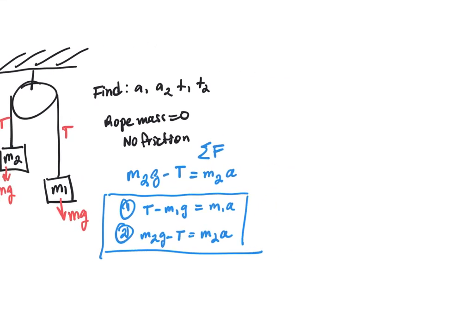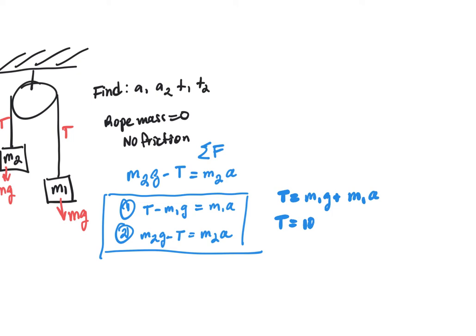If we're given the tension T1 for block 1, tension is m1g plus m1a, and our mass 1 is 10.